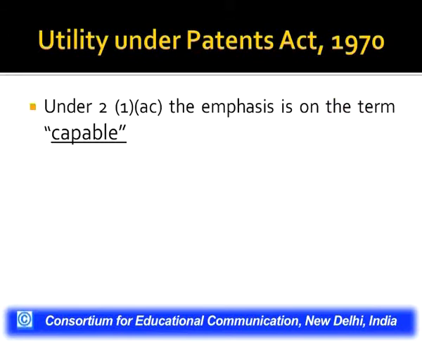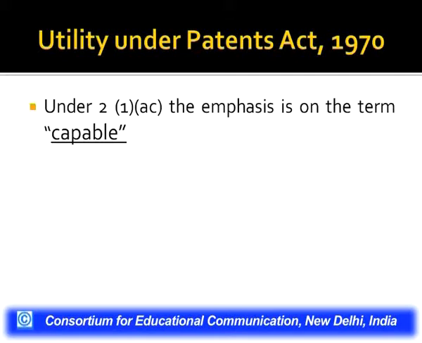Well friends, another thing that we have to emphasize under the Patents Act 1970 under section 21C is the term capable. As I have been focusing again and again in this discourse, the word capable is used. It's not that the work should be having an industrial applicability.